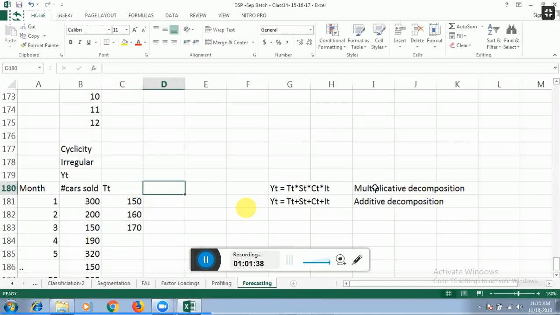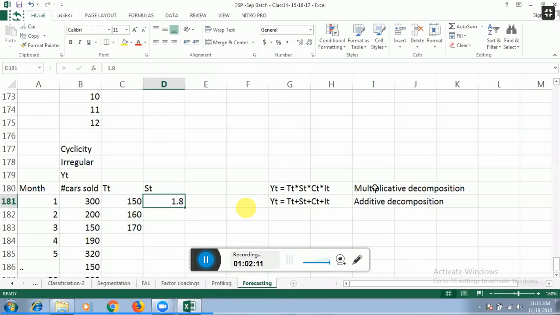And the seasonal component: ideally the trend component is this much, but in that particular season, that particular month, you might have high sales or low sales. Okay, this is contributing 1.8 times. That means that if the sale is generally 150, but it is contributing 1.8 times of sales, that means approximately 270 or 280, whatever it is.